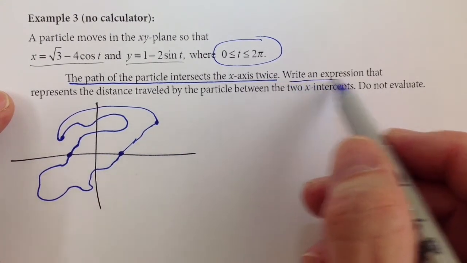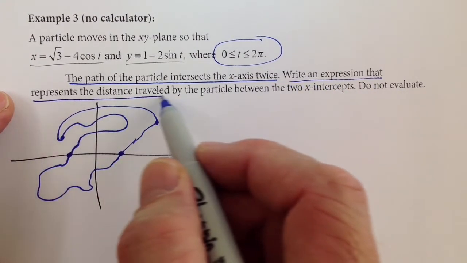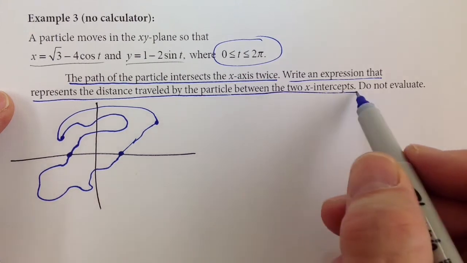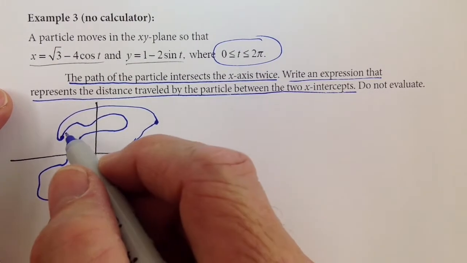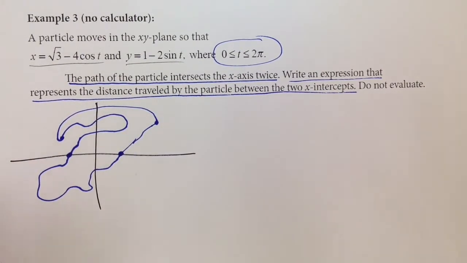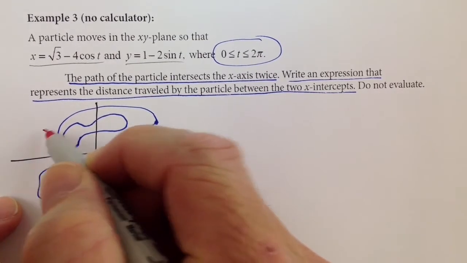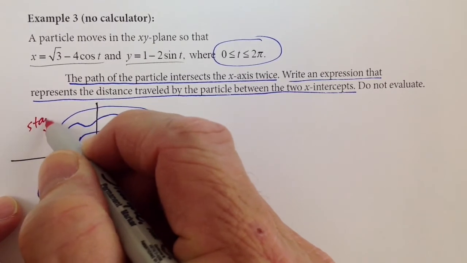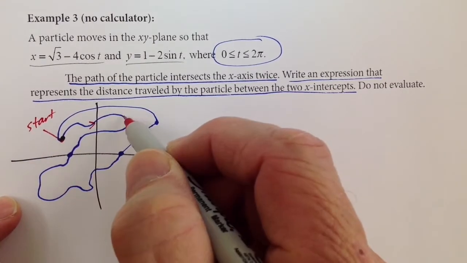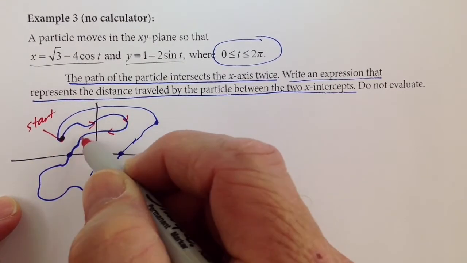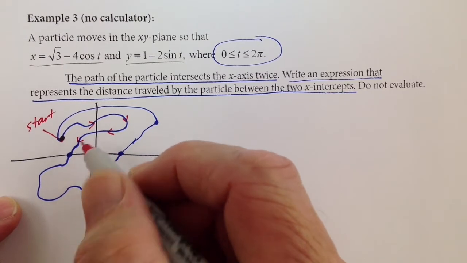Okay, write an expression that represents the distance traveled by the particle between the two x-intercepts. So let's say we pick a starting point here, and let's say it goes this way. It doesn't really matter which way it goes.